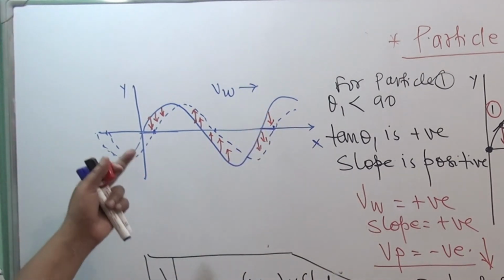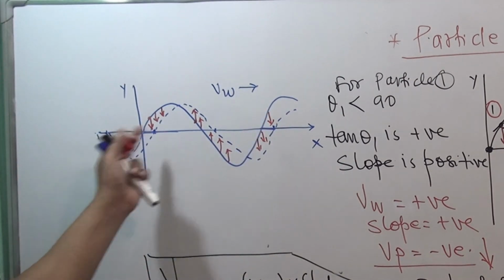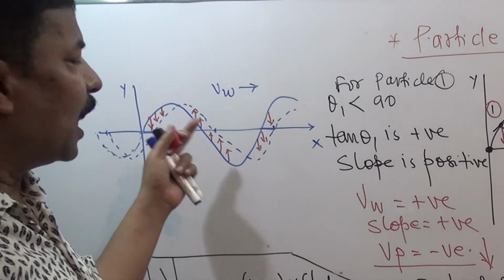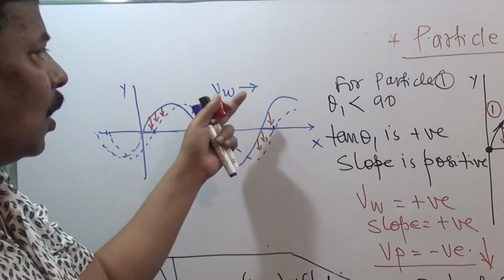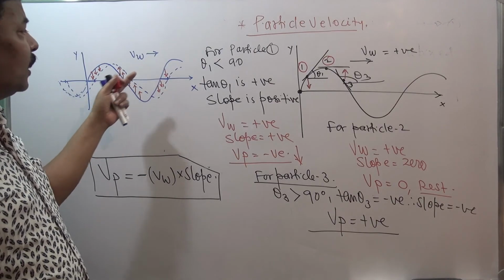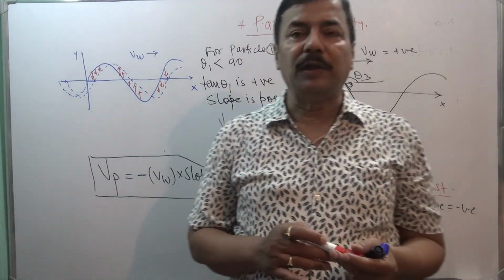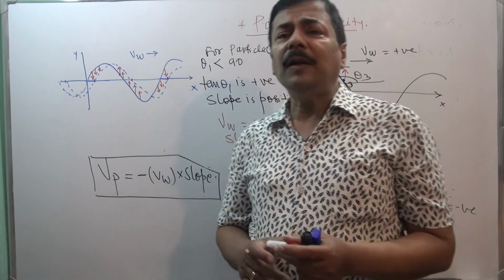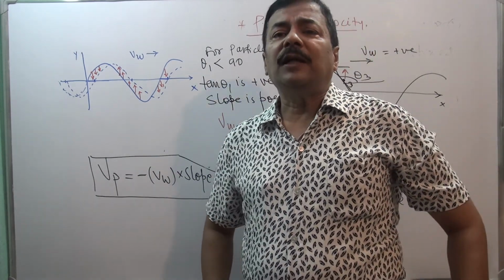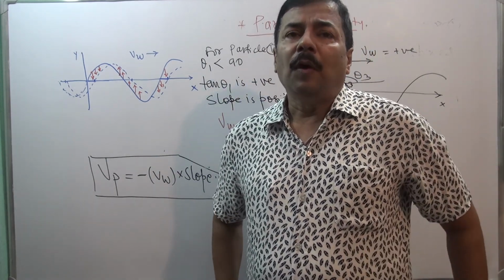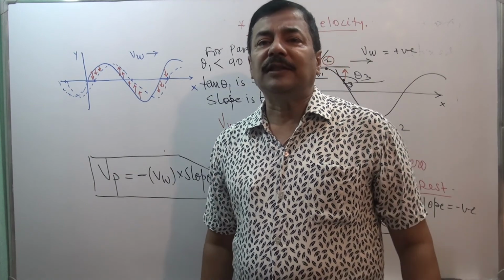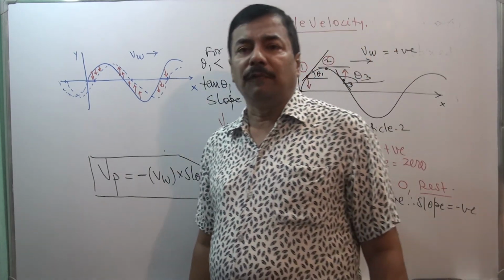So just shift the wave in the direction of wave motion, and you can understand which particle is going up and which is going down. This hidden concept of wave will certainly empower you and make you capable of a better understanding of waves.